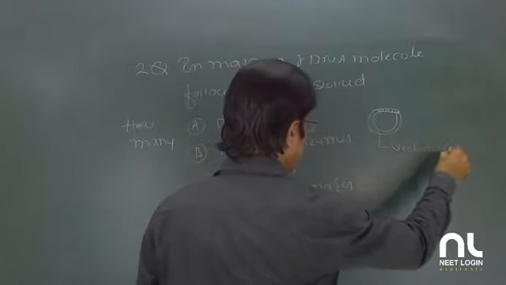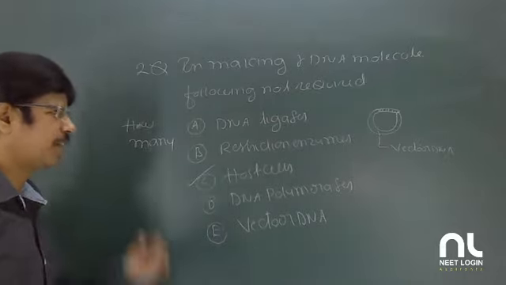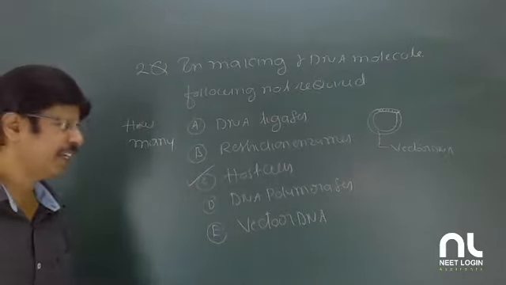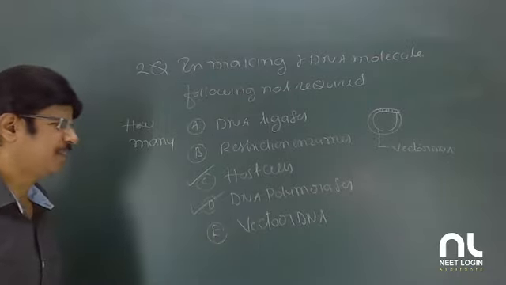Vector DNA. What is not required? Host cells are not required for making rDNA, and DNA polymerase is not required.